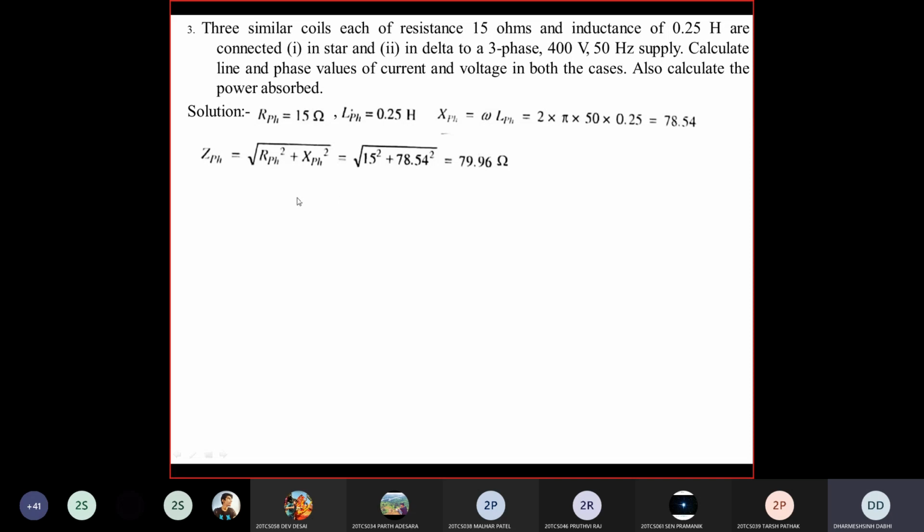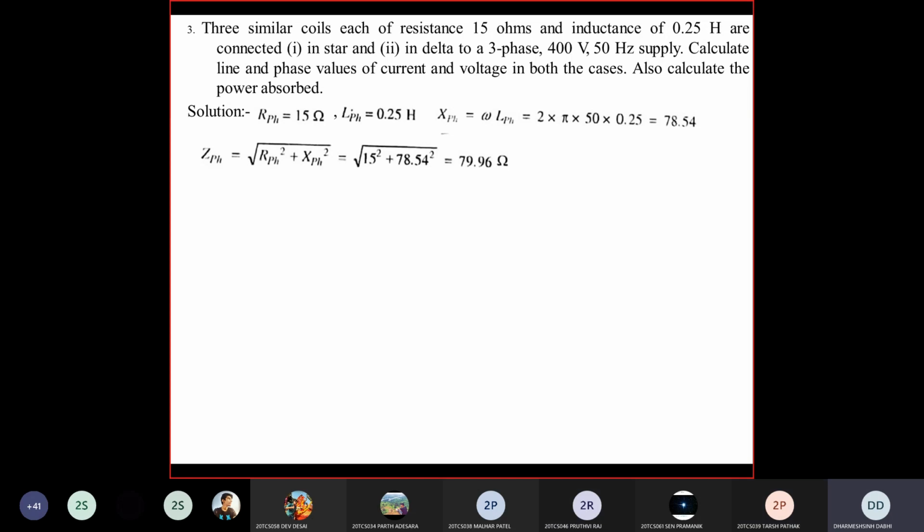Impedance is square root of R square plus X square, so it is 15 square plus 78.54 square. So you get Z as 79.96 ohm. All of you get this answer? Yes, sir.